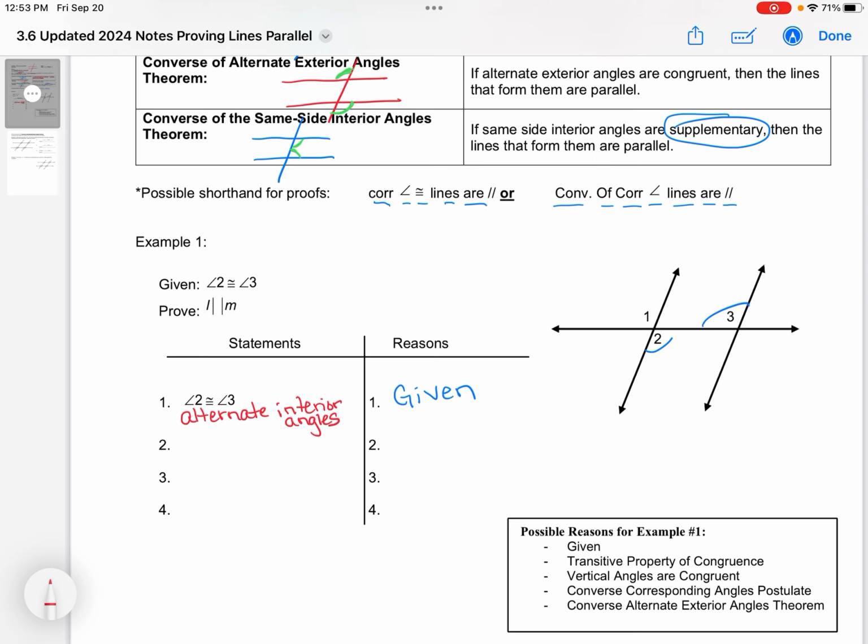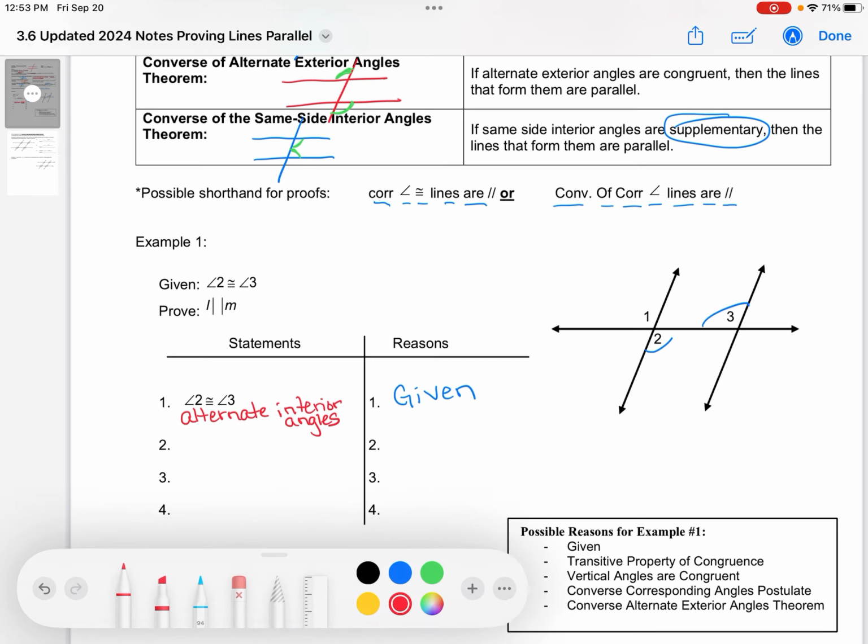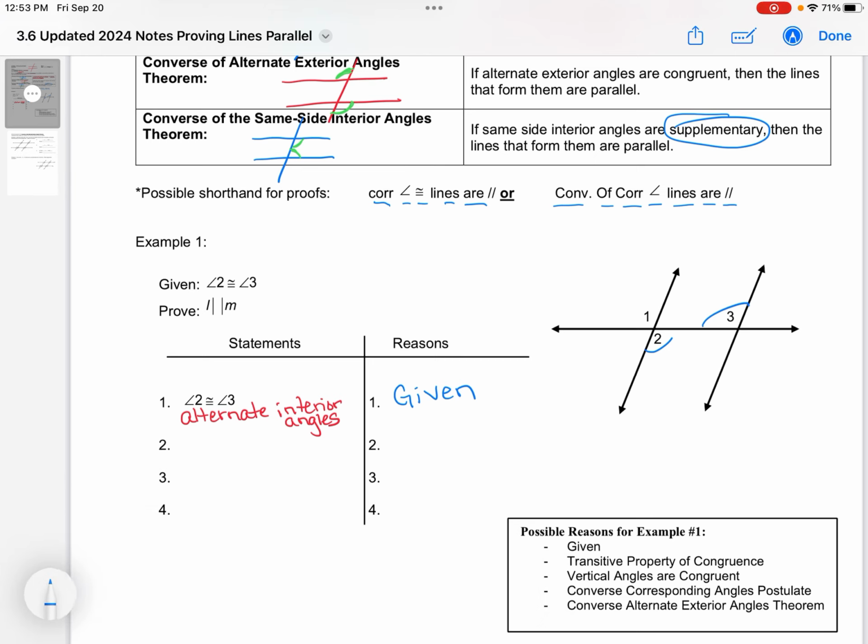Okay, so we know that angle 2 and angle 1 are congruent because vertical angles are congruent.